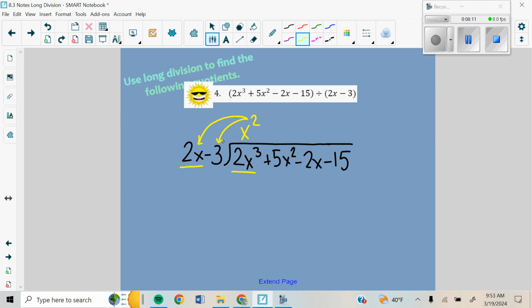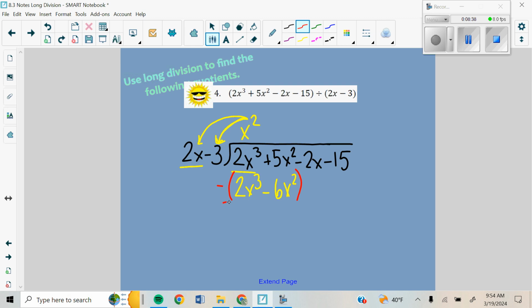So x squared times 2x gives me a 2x cubed. And then x squared times my negative 3 gives me a negative 6x squared. A very important thing you need to remember is we have to put those in parentheses because we are subtracting them. Do you guys remember in 8.2 yesterday we talked about operations? We are subtracting both of them, so they have to go in parentheses.